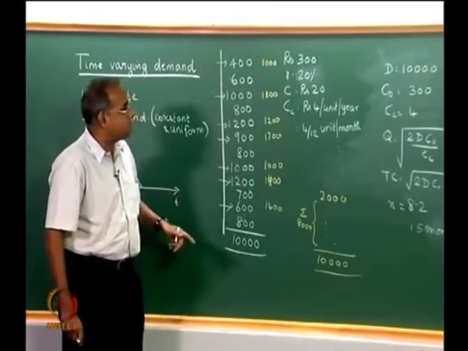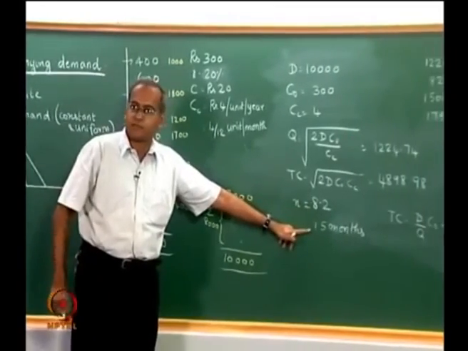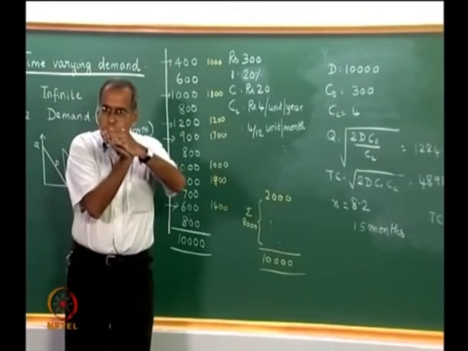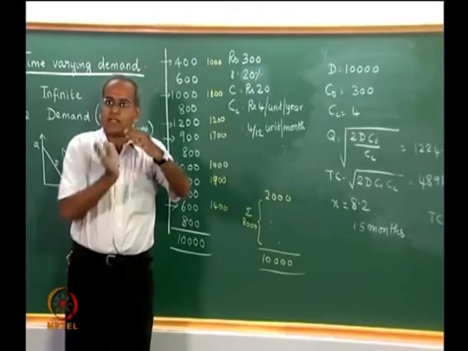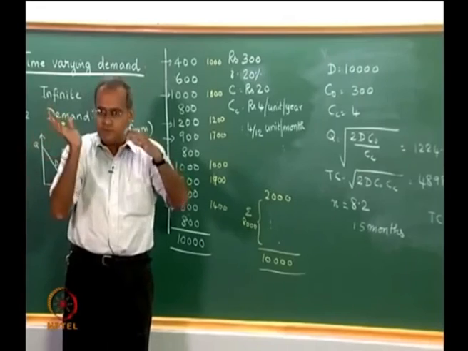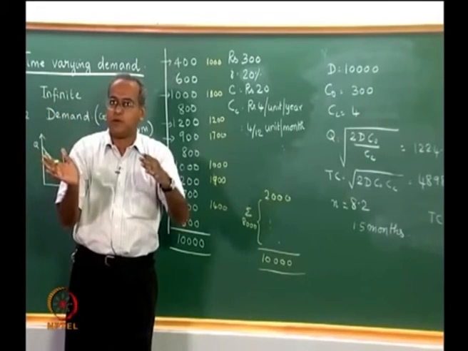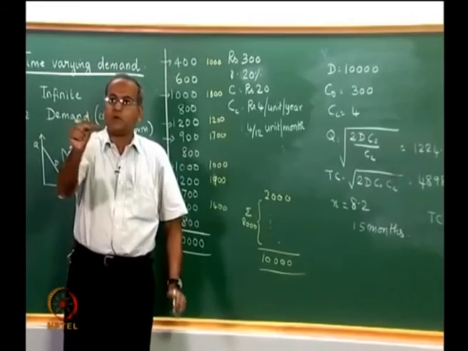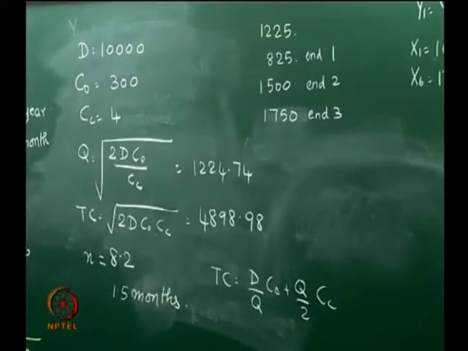If we assume that on the first day of January you have ordered 1225, your next order you are going to make around 15th of February, which is 1.5 months from now. So you have to meet the 1.5 months demand with the 1225 that you have.